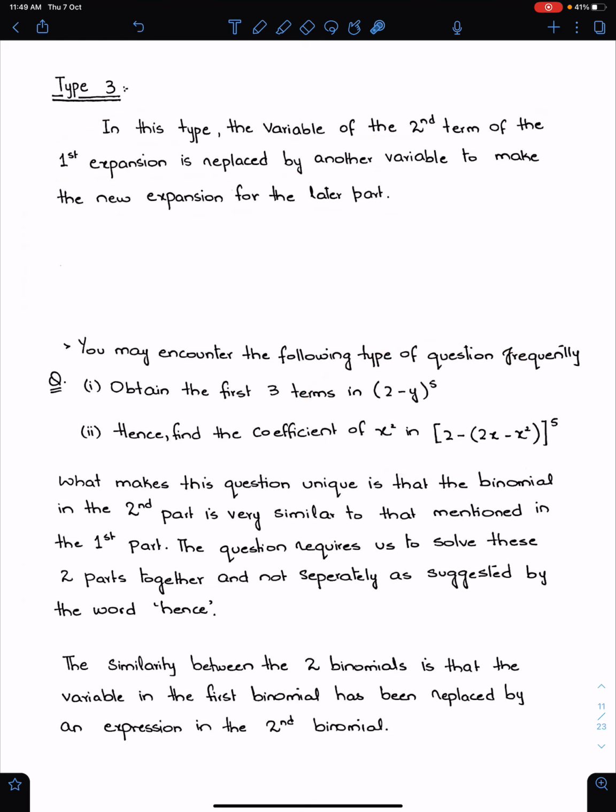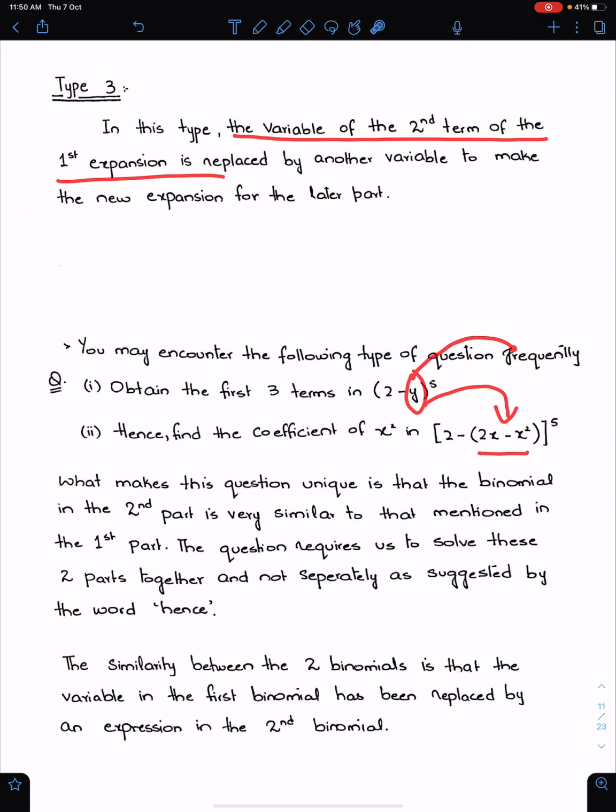See, check this, the variable of the second term of the first expansion, this variable. Understand this statement: the variable of the second term of the first expansion, this is y, is replaced by another variable to make the new expansion for the later part.